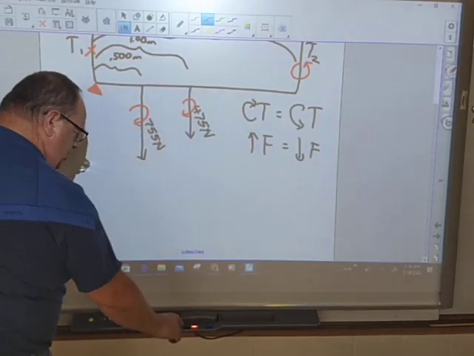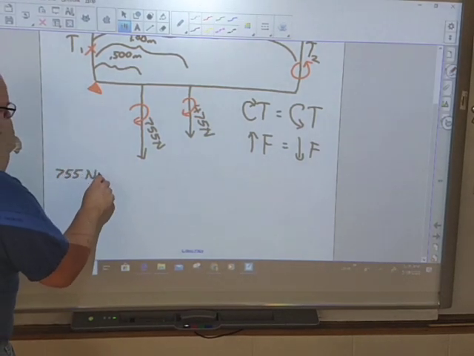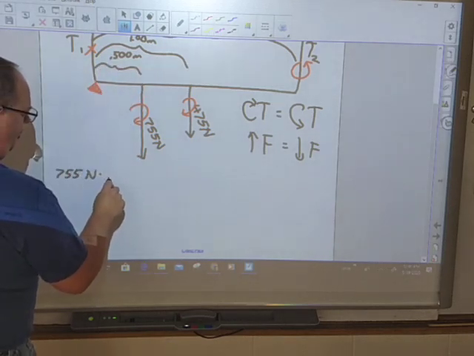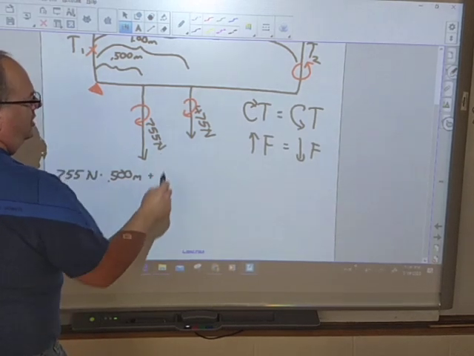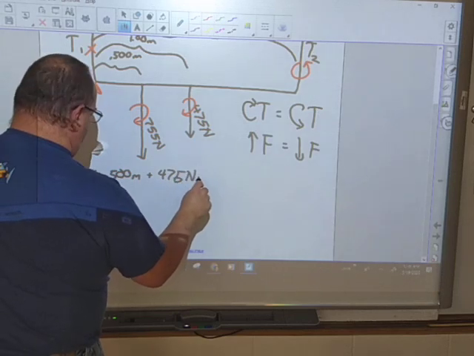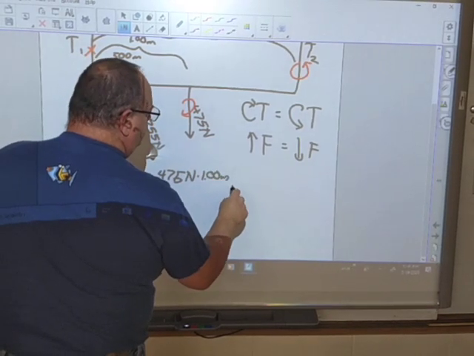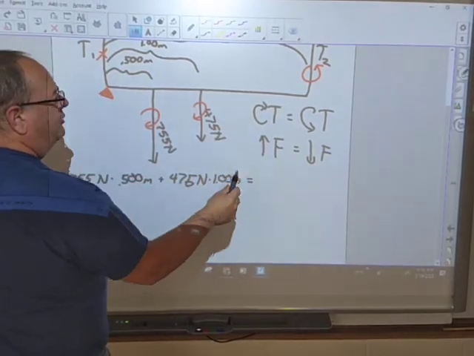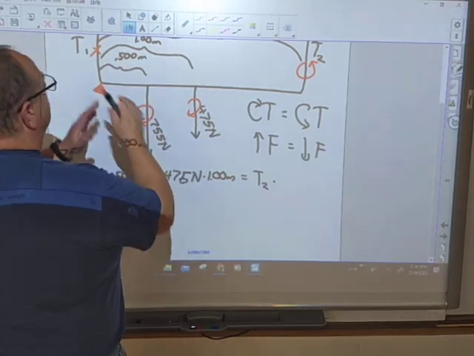Clockwise torques, I'm going to have 755 newtons times my distance to my pivot, 0.500 meters, plus 475 newtons times 1.00 meters. Those are all my clockwise. Now it's got to equal my counterclockwise, which is going to be T2 times 2 meters.